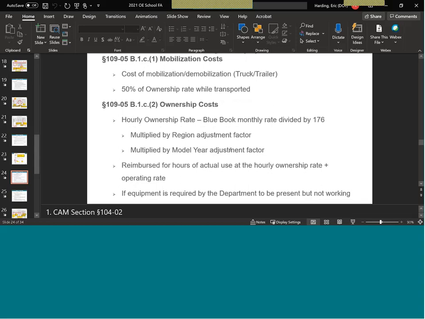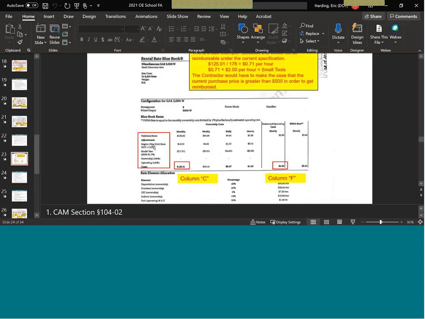And at the bottom, here are those adjustment rates, if you can see that. The monthly rate, $120 on the top, adjusted for the region and adjusted for the model year, comes out to $125.01.